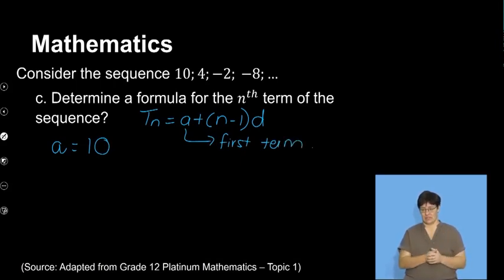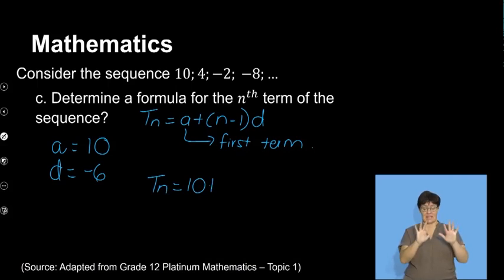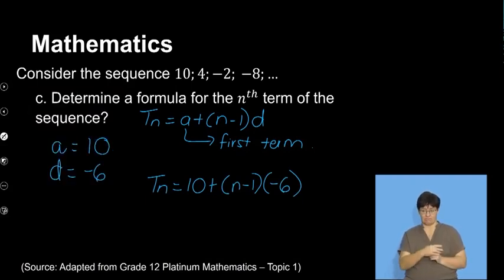Great. Then what is d? We discussed on the previous slide that d is equal to -6. So when determining Tn, I'm going to have 10 plus (n minus 1) times -6. Hopefully everyone can see that all I've done is substitute in a value for a, which is 10, and then a value for d, which is -6.